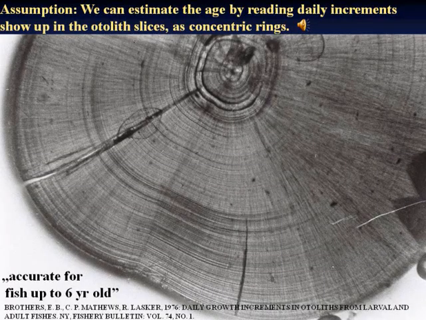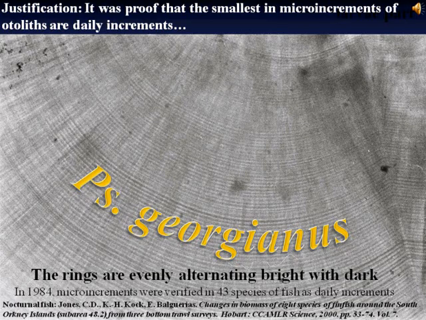Assumption. We can estimate the age by reading daily increments that show up in the otolith slices as concentric rings. Justification. It was proved that the smallest micro increments of otoliths are daily increments, arising as a result of the day and night metabolic cycle in the production of otolith matrix components.